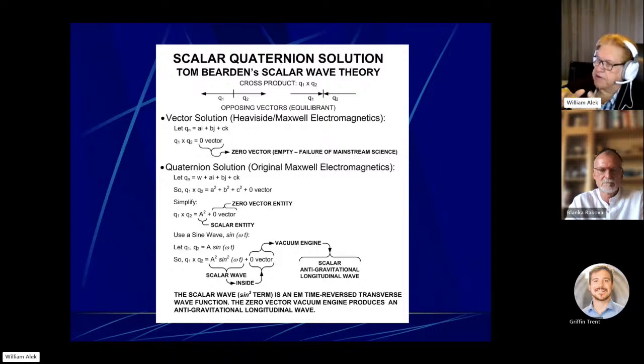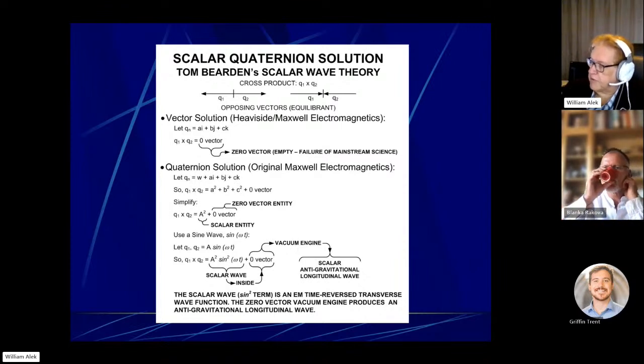So the zero vector actually has substance in Maxwell's original equations, and this is where the anti-gravitational longitudinal wave emerges from. With the device, you not only see the scalar wave electromagnetic term, but you also observe a weight loss in the device that's producing the scalar wave. Of course, the device must be operated in resonance to see this phenomenon occur, and we'll get into that a little later too.